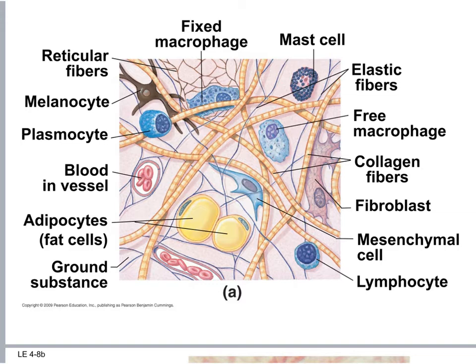Okay, connective tissue proper. And I'm just going to go over the lab. This picture up here is something I'm going to talk about in lecture. This is one of the connective tissue proper tissues. It has many cells, different types of cells, and different types of protein fibers. We're going to talk about that in lecture.